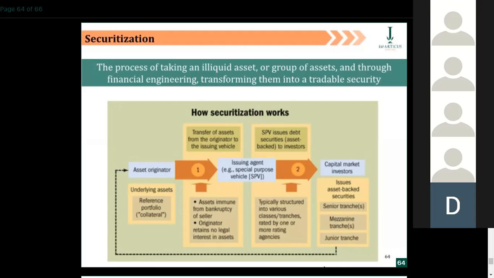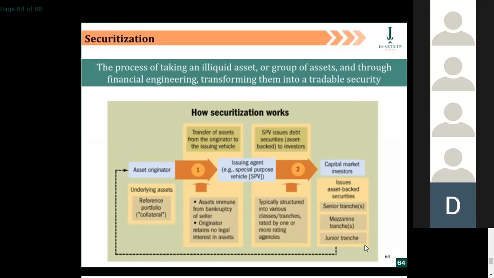The junior tranche is the riskier one, where the credit risk is high, right? That is how these securities are sold in the financial market to various investors. While doing this process, the bank is able to make money, right? Because banks need money to issue more such loans outside.